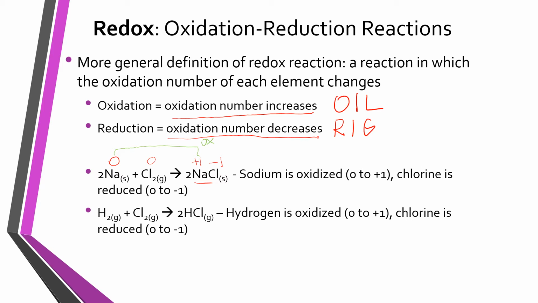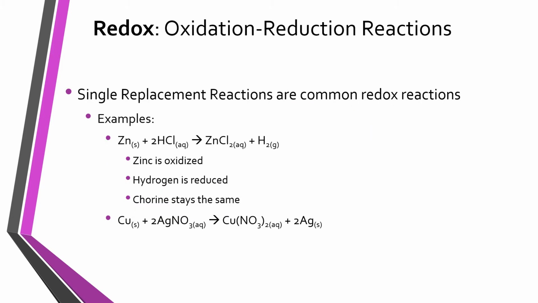Its oxidation number went up. Chlorine went from 0 to negative 1, so it was reduced. Same thing over here. These are both in their natural state, so their oxidation number is 0. Over here, hydrogen is going to be plus 1, chlorine's minus 1, so the same idea. Hydrogen is oxidized and chlorine is reduced.